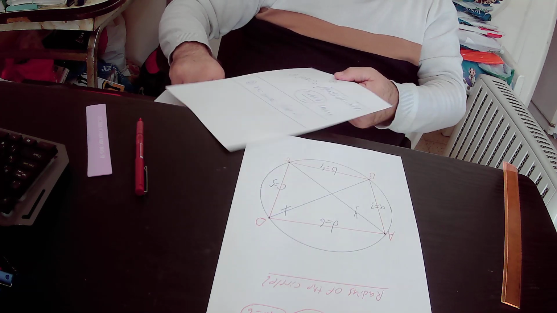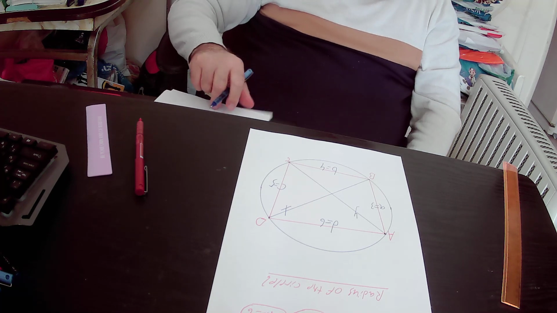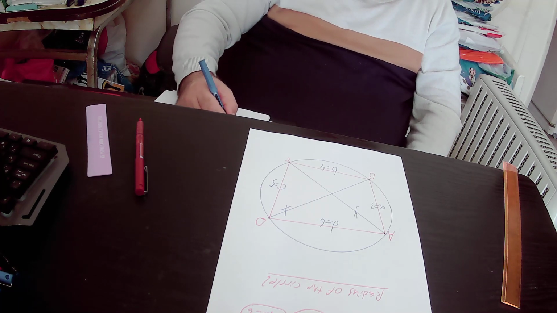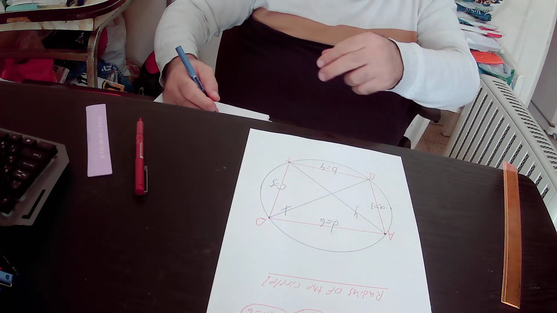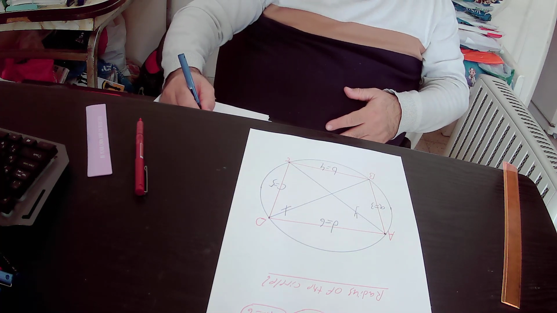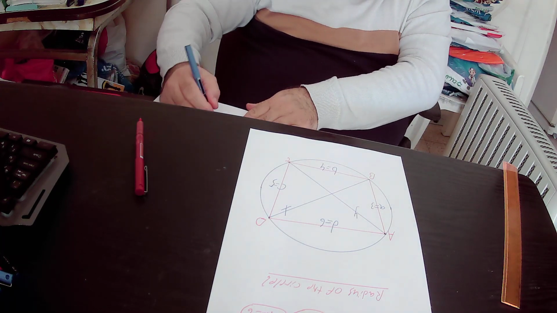Okay, so we will implement also rule number 3 in our drawing, and we relate to triangle ABC. Triangle ABC is inscribed by this blue circle.